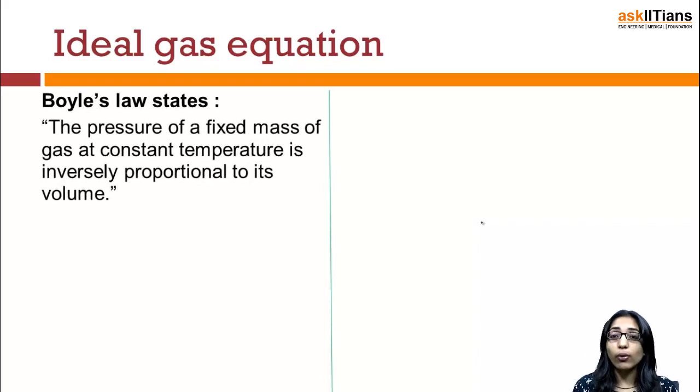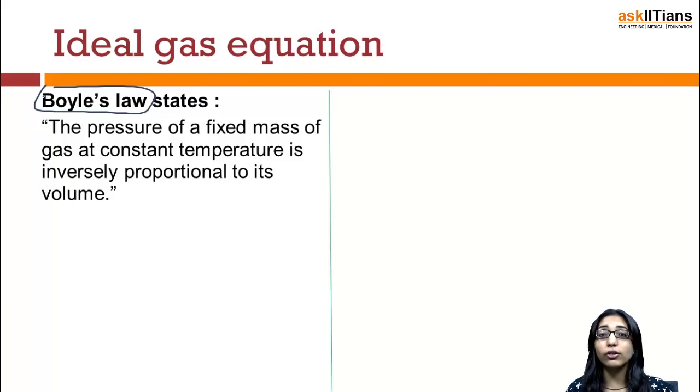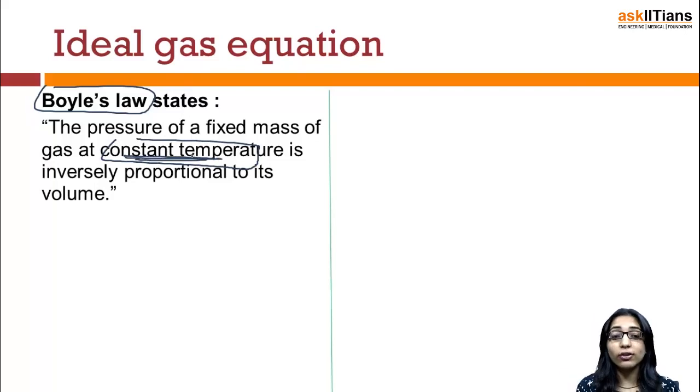The first law which we have to deal with in the kinetic theory of gases is known as Boyle's law. Boyle's law is generally taken at a constant temperature. According to Boyle's law, the pressure of a fixed mass of a gas at constant temperature, and this law is valid only for constant temperature, is inversely proportional to its volume.